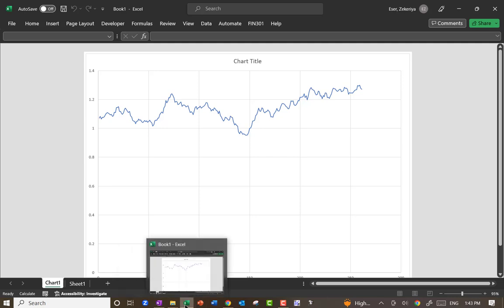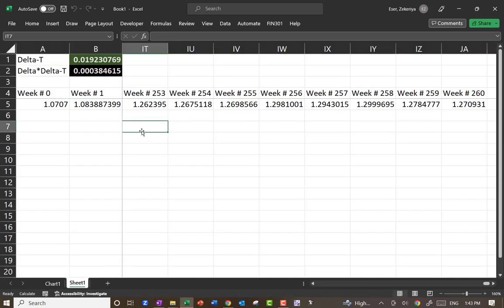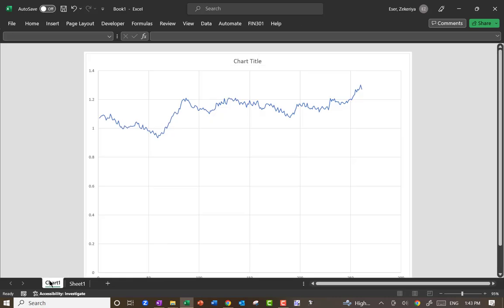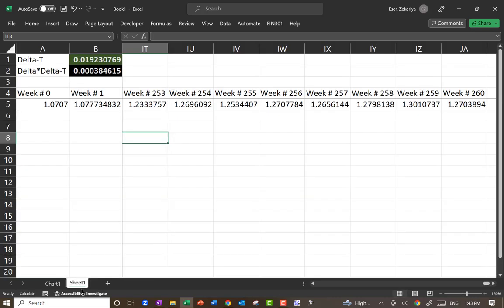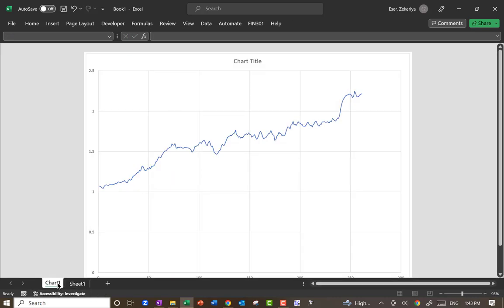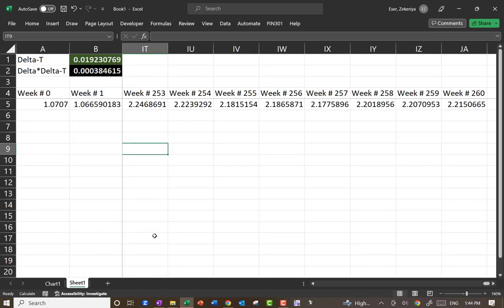You know, if I wanted to see another path, I recalculate the sheet. Now it's a different path. Now it's a different path. We're gonna do these random realizations a large number of times, but for now, I want to calculate a few payoffs.